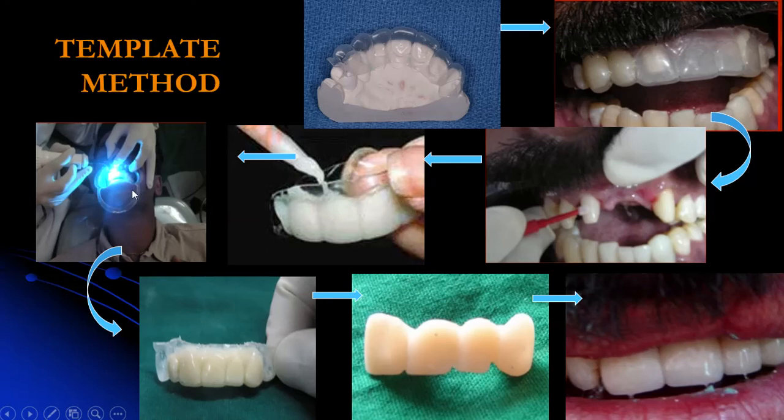We seat it, remove any excess, then we cure it with the light. Okay, then after, as we see, we remove it from the patient's mouth, separate the plastic sheet from the temporary crown bridge, remove the excess, and reseat it inside the patient's mouth.